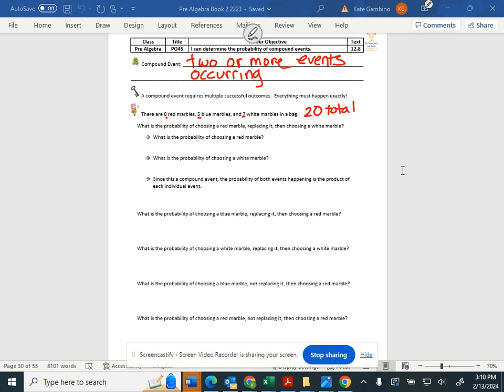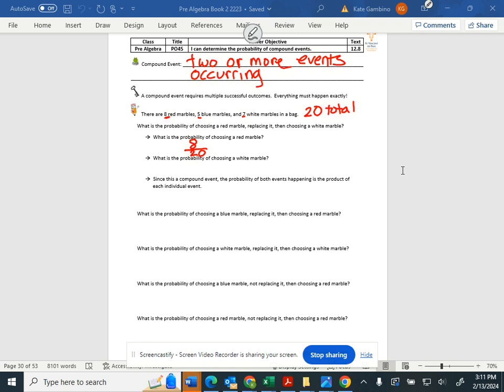What is the probability of choosing a red marble, replacing it, putting it back in the bag, and then choosing a white marble? So first we have to look at what's the probability of choosing a red marble. There are 8 red marbles, so that's my top. There are 20 total, that is my bottom. Then we have to look, what is the probability of choosing a white marble?